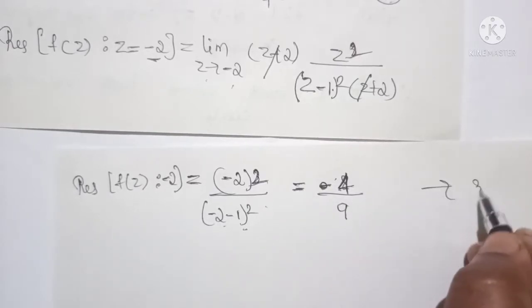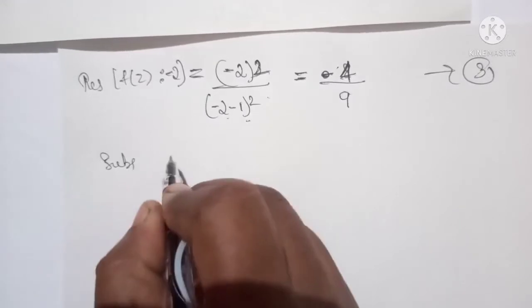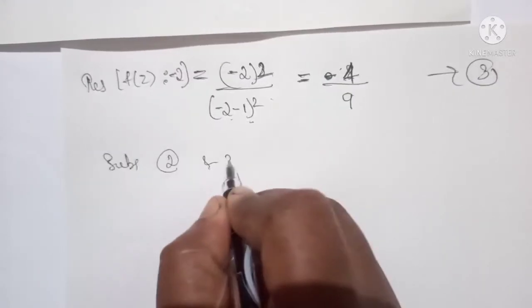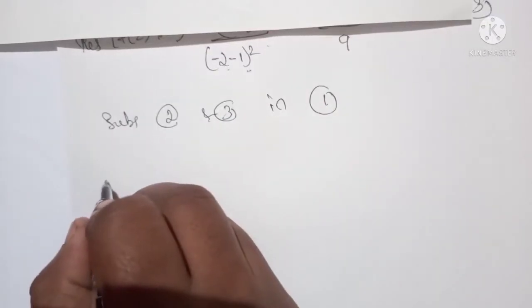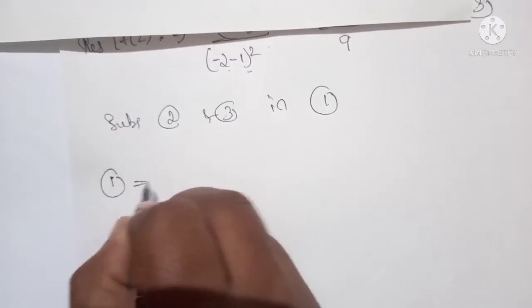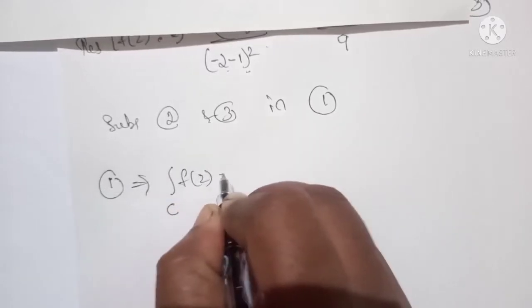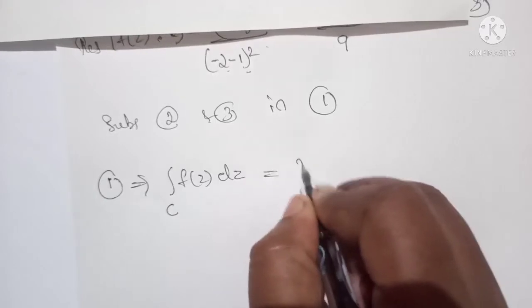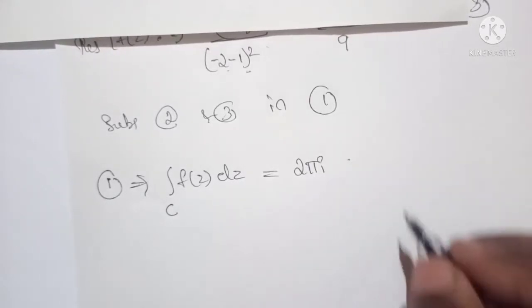Consider this as equation 3. Now substituting equations 2 and 3 in 1, we get the integral over c of f of z dz equals 2 pi i times the sum of the residues.